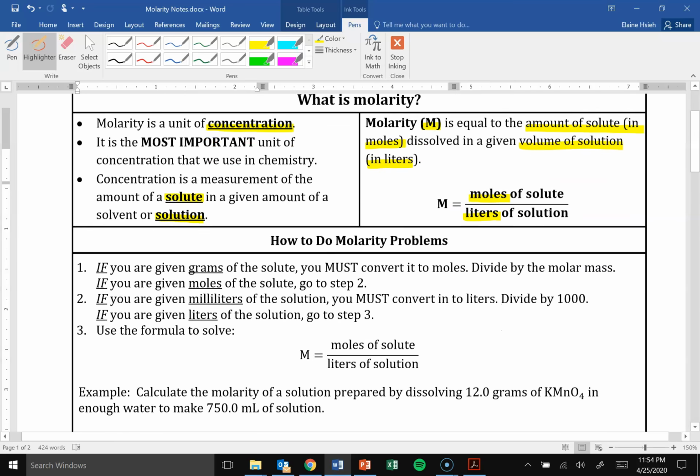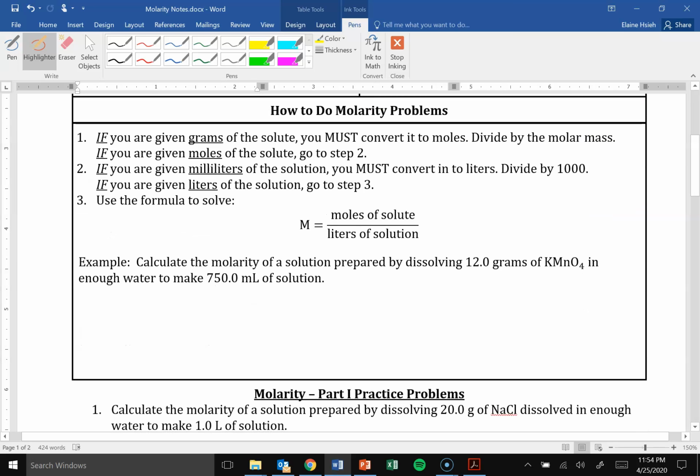So how do we do molarity problems? Well, first, you need to make sure that the solute's amount is in moles. So if you are given grams, then you have to convert it to moles. And you do that by dividing by the molar mass.